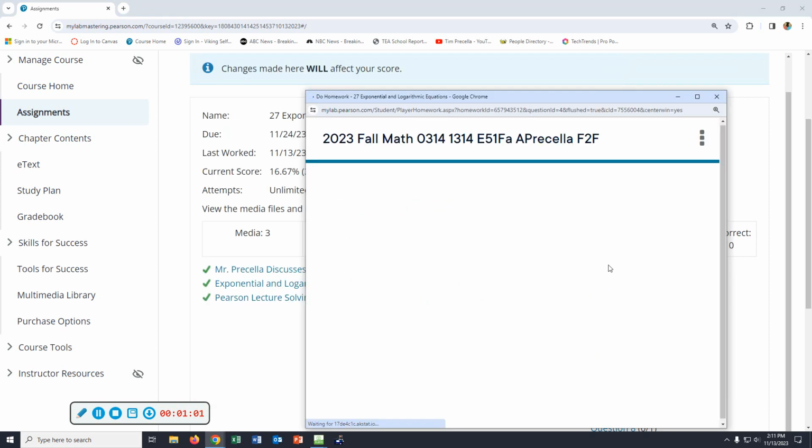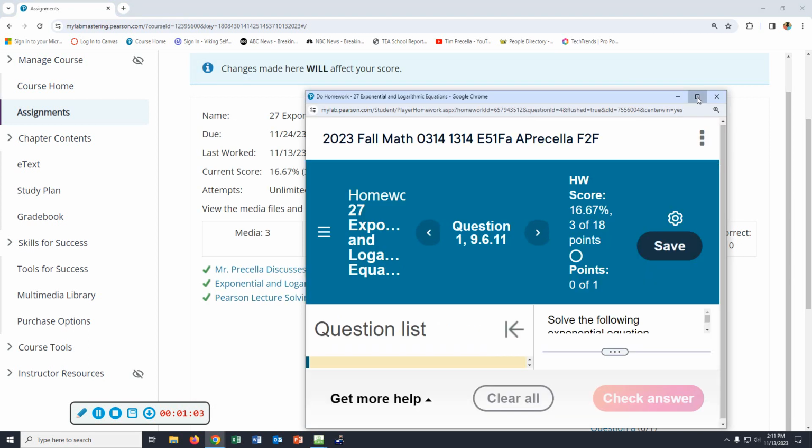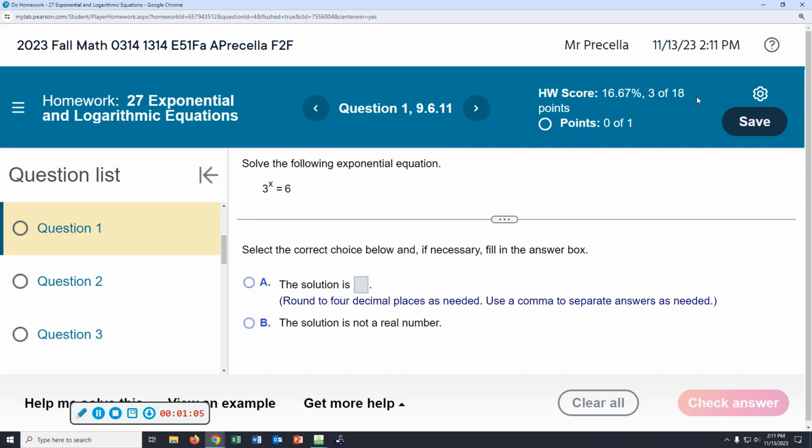If we look at our first problem, it says solve the following exponential equation. Well, we solved some exponential equations a week ago when we reviewed exponent rules and looked at exponential functions.